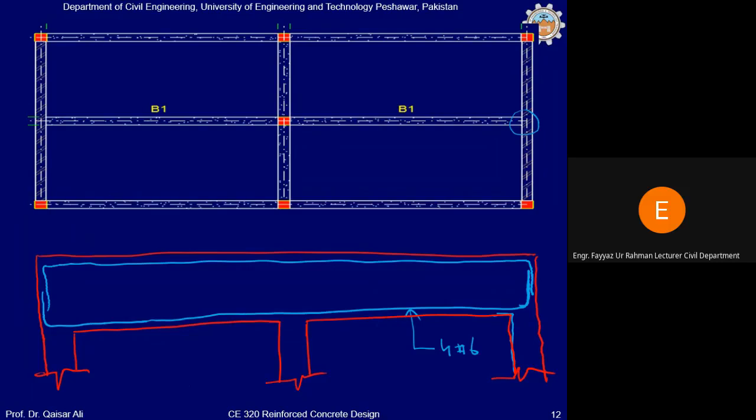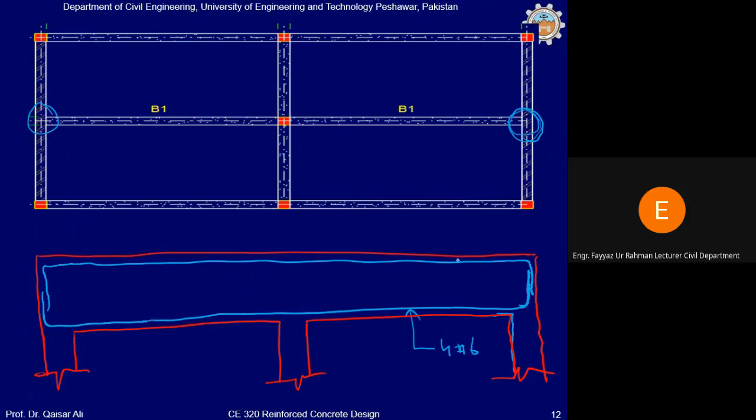Clear? Also there will be some resistance provided by the exterior beams or columns, so there will be some negative moment due to partial fixity of this connection.